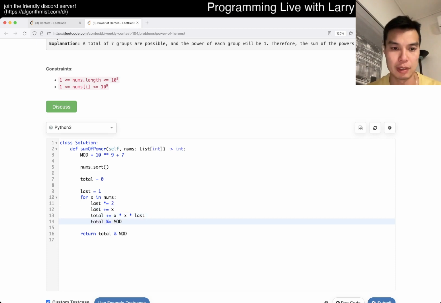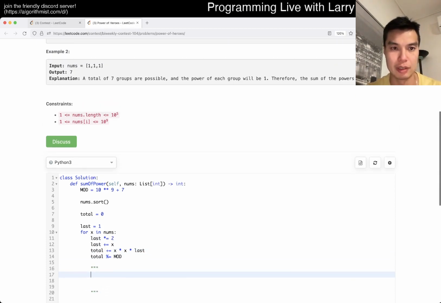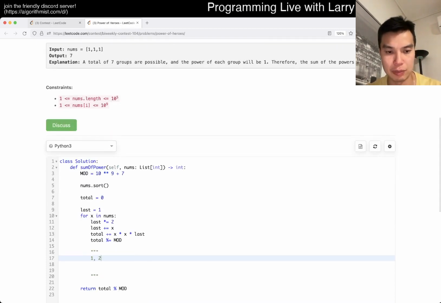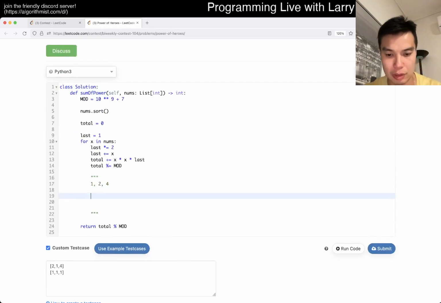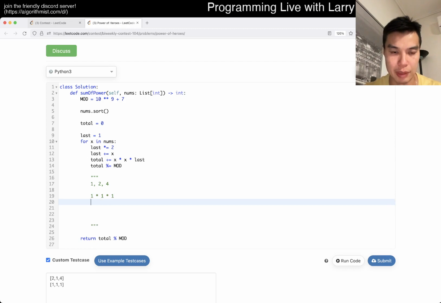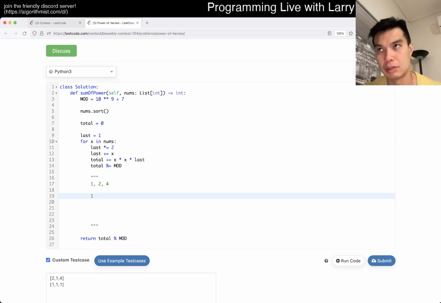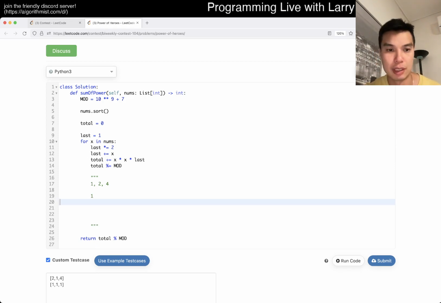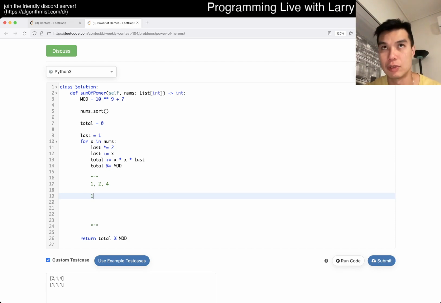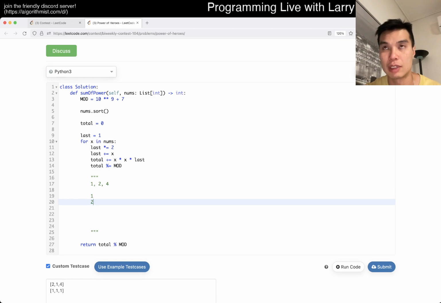It's basically okay. So the idea here is that with 1 to 4, and then now we start at 1 times 1 times 1. That's fine. And then the last will be 1. Right? Yeah. And then when we shift to 2, then now the last will be 1 times 2 plus 2.